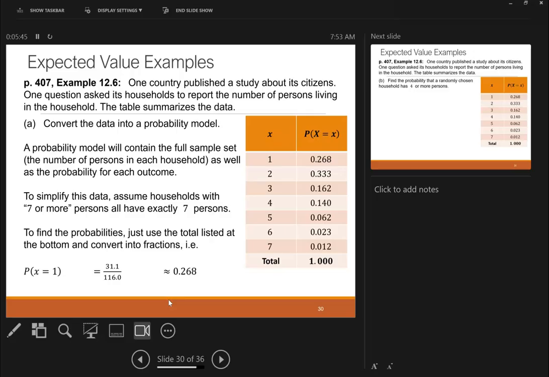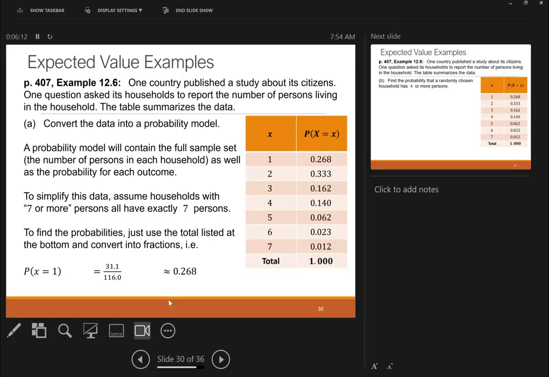And now we have our probability distribution. Notice that I checked that it was a probability distribution because you see the final row in my table is the total, and the sum of my probabilities is equal to 1. So I know it's a probability distribution. Does everybody feel okay as to what I did to do that?